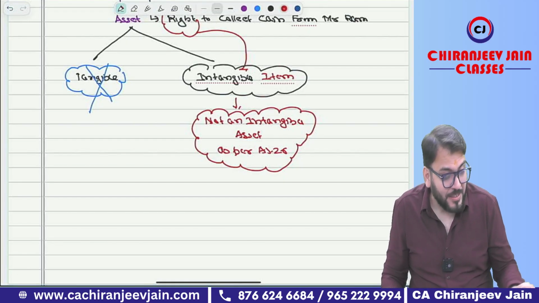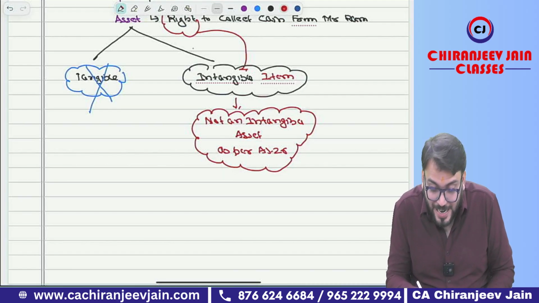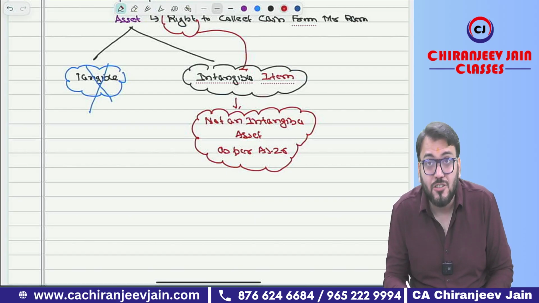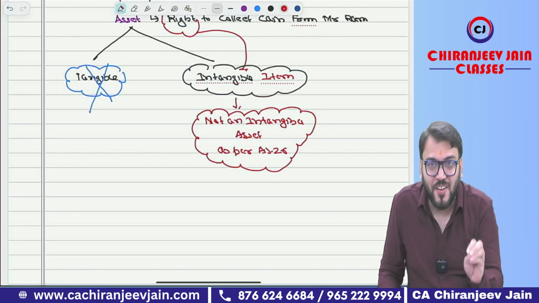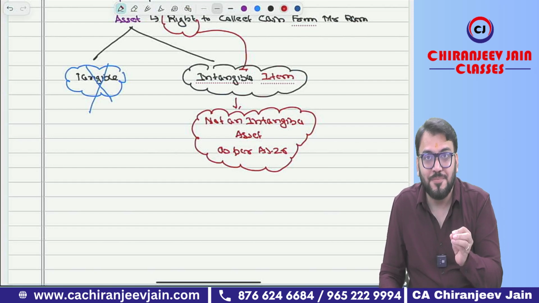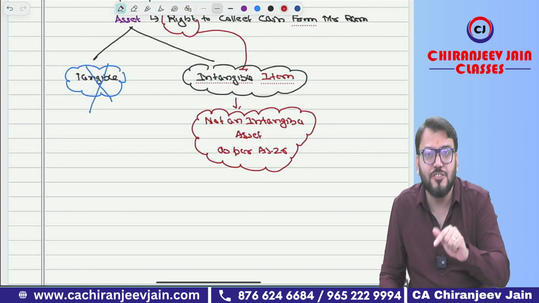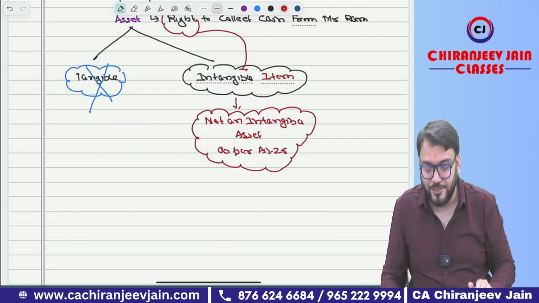Just try to understand why this debtor, even though it is an intangible item, is not an intangible asset. That doubt will now come. Why is such an intangible item not an intangible asset? The answer is given in the definition. So we need to now discuss the definition given under AS26.